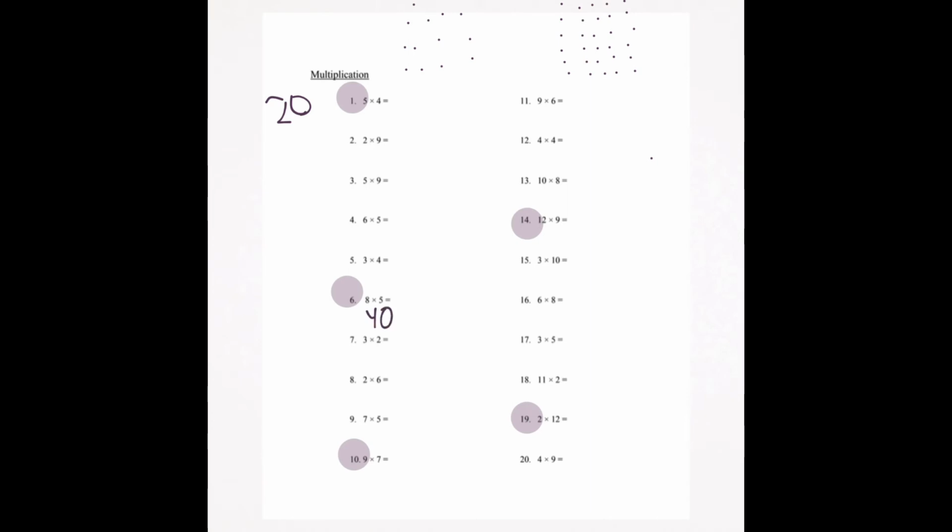Okay, 9 times 7. You can also do 9 dots and 7 in each. And if you do that, then that equals 63. So you have to count it all up and it equals 63.